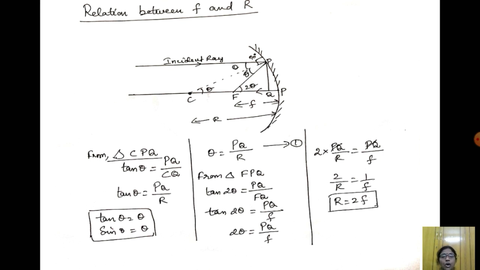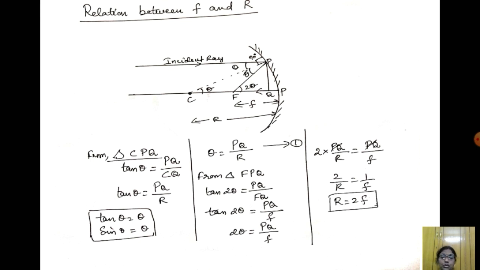From this geometry, we consider two similar triangles. First of all, we take the triangle CPQ. From this triangle, we can take tan theta, which is opposite by adjacent side. The opposite side is PQ and the adjacent side is CQ.